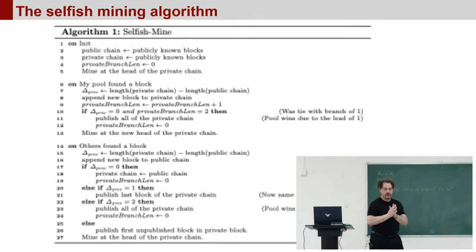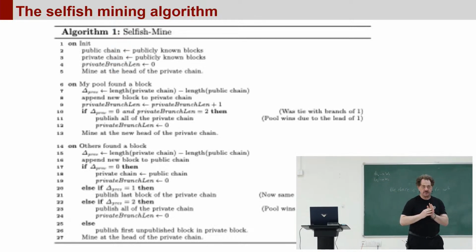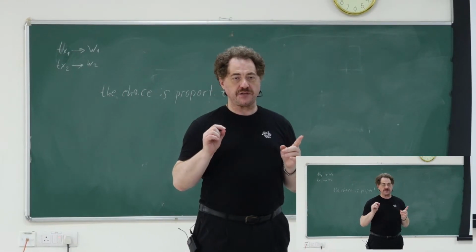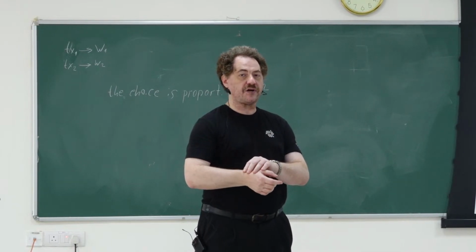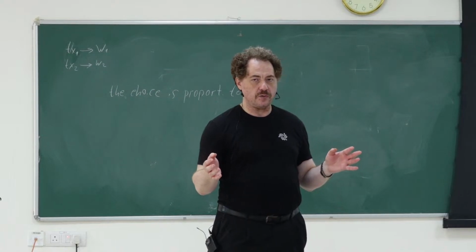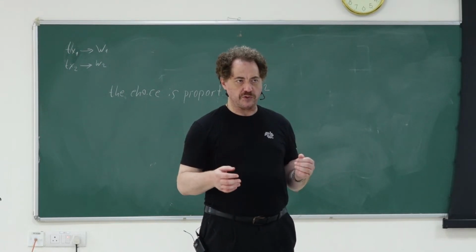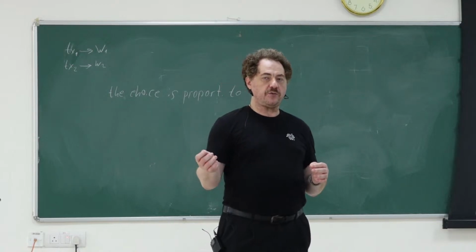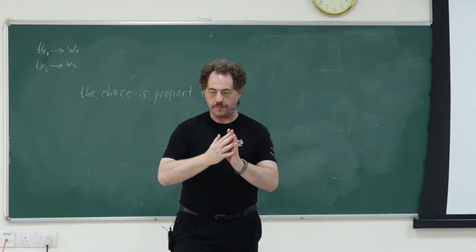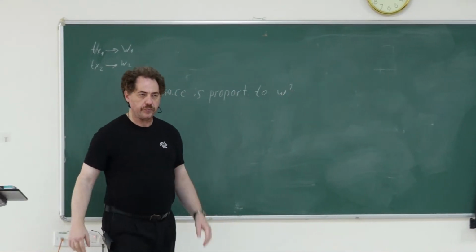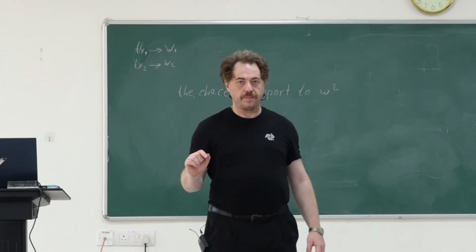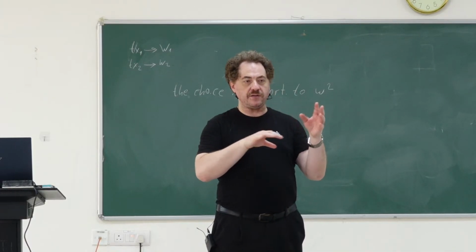What is selfish mining? The basic idea of selfish mining in Bitcoin and other cryptocurrencies is that the attacker is not malicious, it's rational. It doesn't try to break the system down. It tries to gain some profit from the system, more than what it would gain if it were mining honestly. How does the attacker do it? The attacker keeps a secret chain and tries to mine in secret.